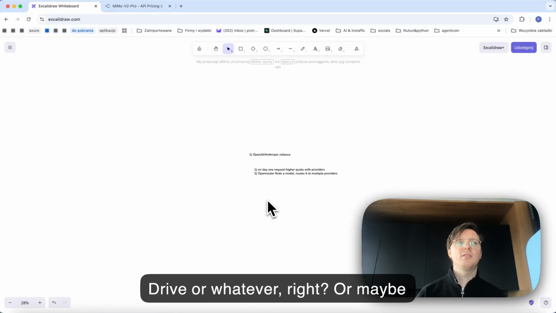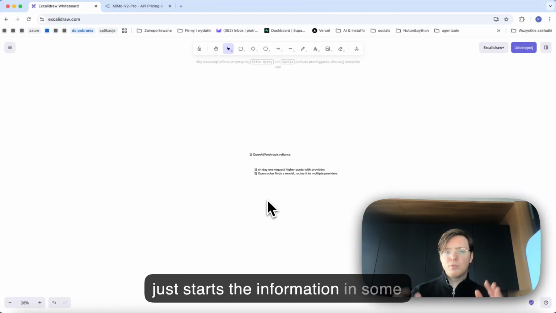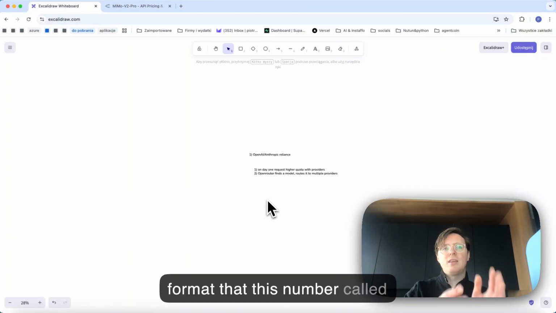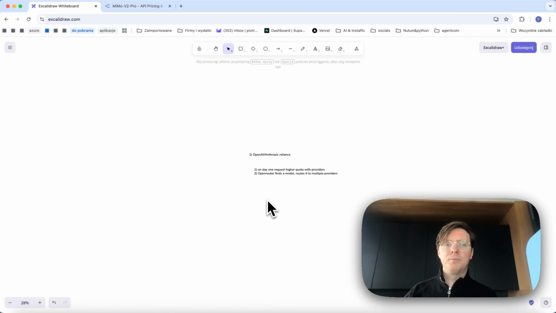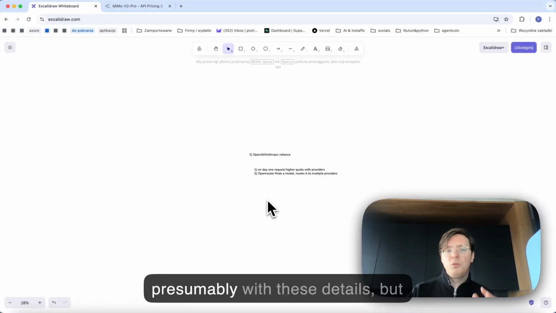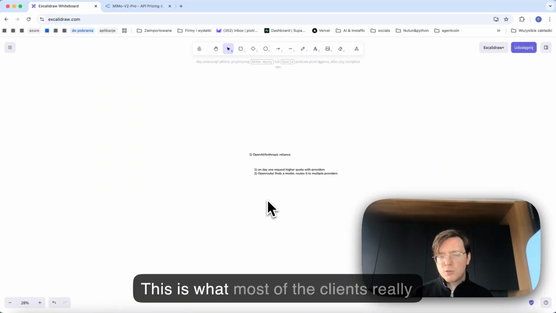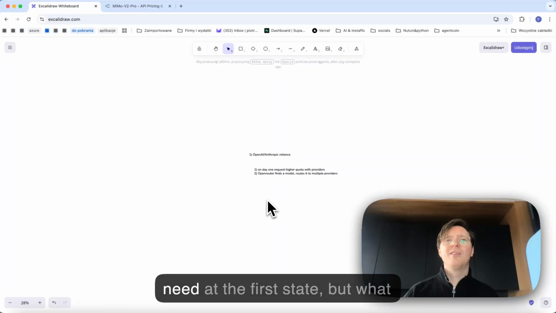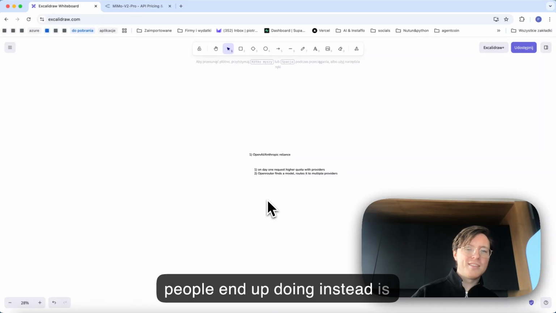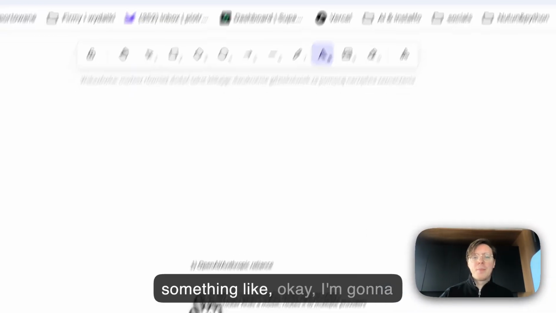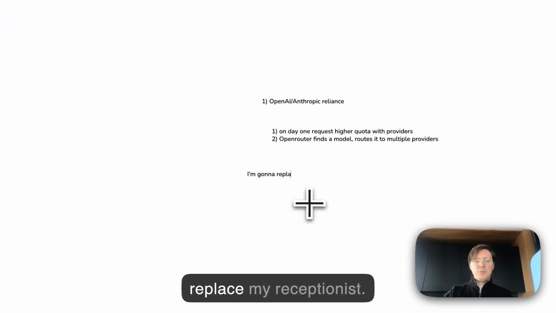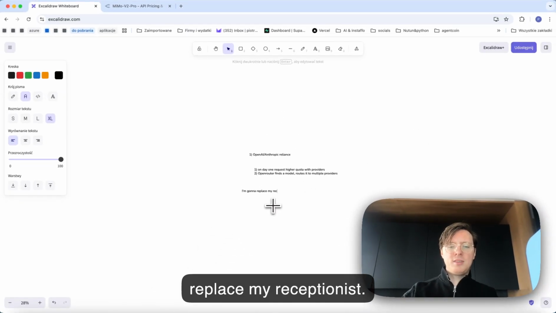Or maybe just stores the information in some format that this number called with these details. The LLM can get it wrong, but this is the actionable insight. This is what most of the clients really need at the first stage, but what people end up doing instead is something like, okay, I'm going to replace my receptionist.